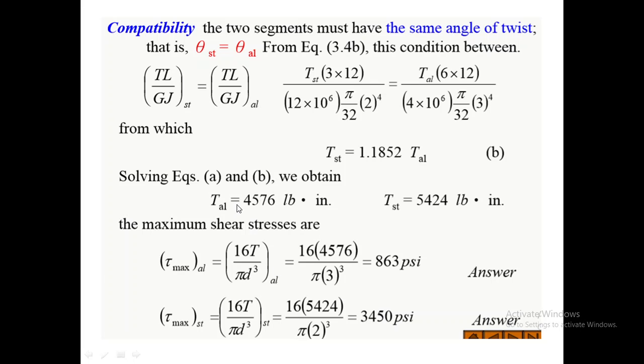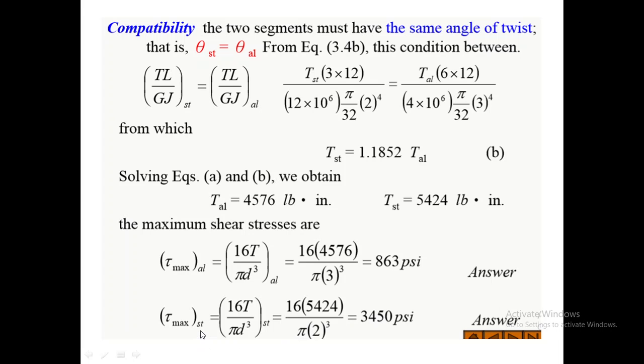Since the torque in the aluminum is less, the shear stress developed will be less because both are proportional here, and the torque developed in the steel is more, so the shear stress developed also will be more. As the torque increases, the torque induced in the shaft will give rise to more and more shear force, and shear stresses will be developed here.